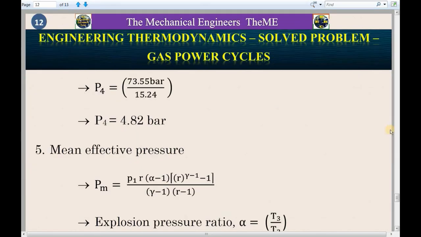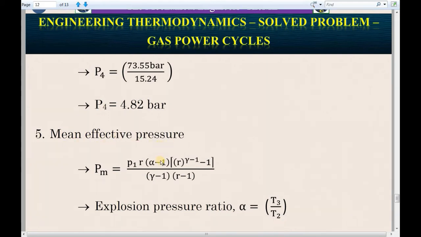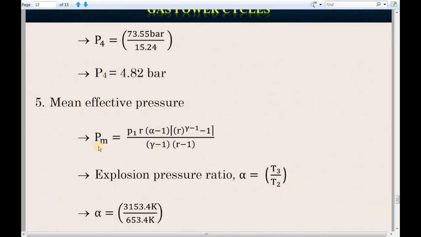Next, we will find the value of mean effective pressure, which is taken as Pm. The universal formula for mean effective pressure of Otto cycle is given by Pm is equal to P1 R into (alpha minus 1) into (R to the power of gamma minus 1) whole divided by (gamma minus 1) into (R minus 1). In this formula, alpha is unknown, where alpha is explosion pressure ratio, and the formula for explosion pressure ratio is alpha is equal to T3 by T2.